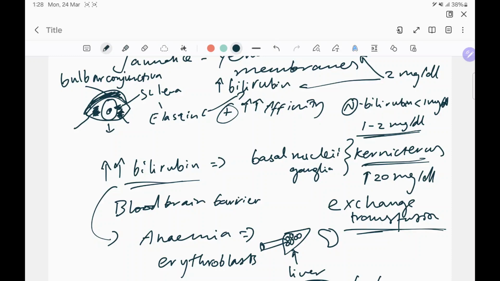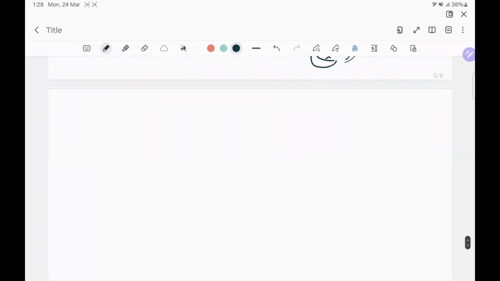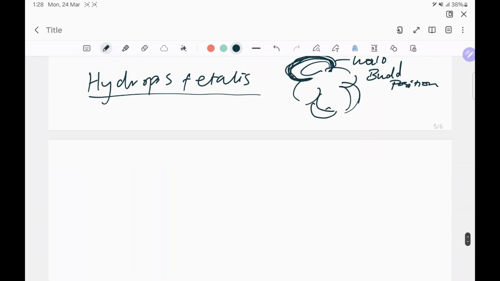By doing this exchange, you are able to get rid of the blood which has a lot of bilirubin and replace it with normal blood. You inject some blood, you take some out, you inject some more, clearing the blood slowly.